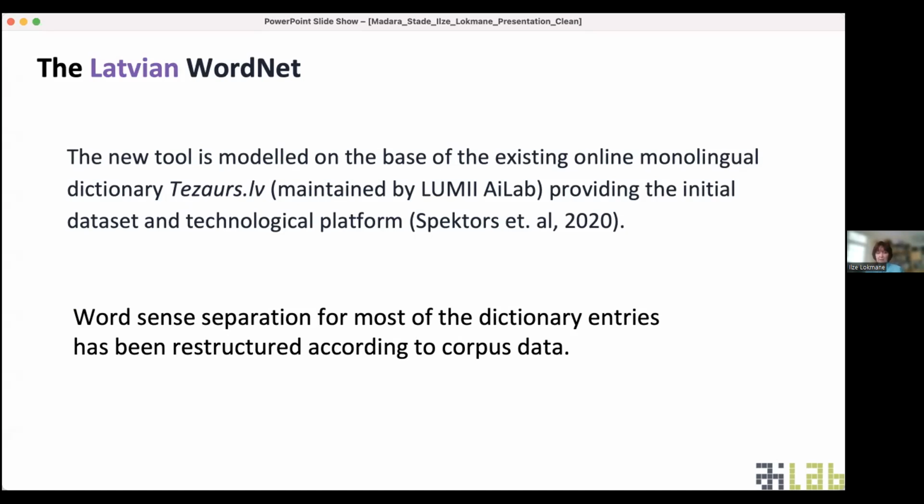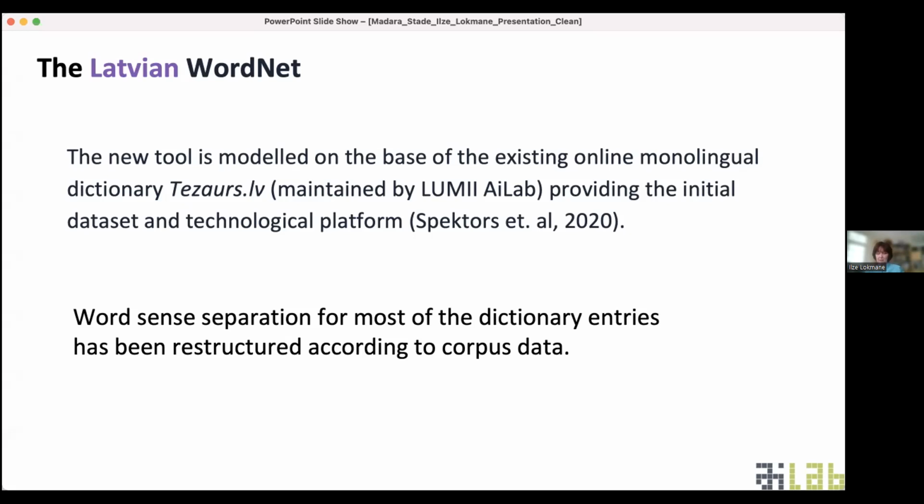However, we quickly identified the need to restructure word sense separation in Thesaurus, and this is due to a number of reasons. For example, the fact that Thesaurus contains also quite a few outdated word senses. And also we identified that sense splitting in Thesaurus appears to be rather subjective in many cases and is not based on clearly stated criteria.